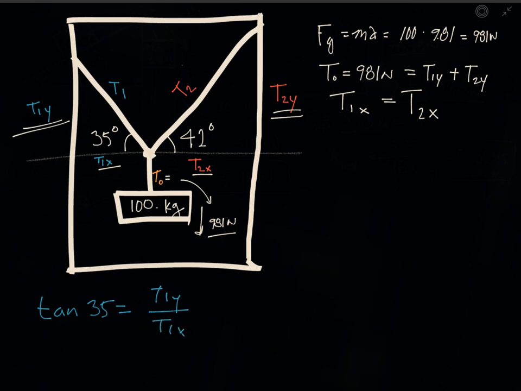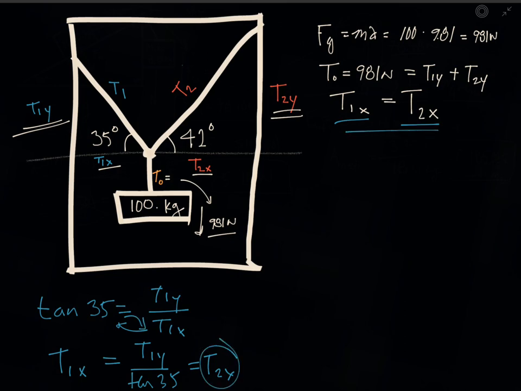We know that T1x equals T2x, so we can rearrange this to say that T1x is equal to T1y over tangent 35, and that's equal to T2x. We're still working in the x component of both of these. I hope that makes sense. We just swap these two here and put that back under, and because we know this, it's equal to that.